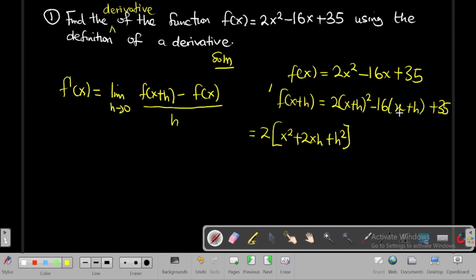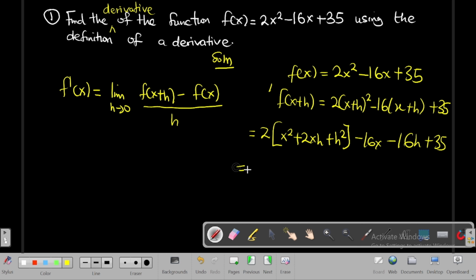Then minus 16 will multiply h, becoming negative 16h, plus 35. Simplifying, 2 times x squared becomes 2x squared, plus 2 times 2xh becomes 4xh, plus 2 times h squared becomes 2h squared.